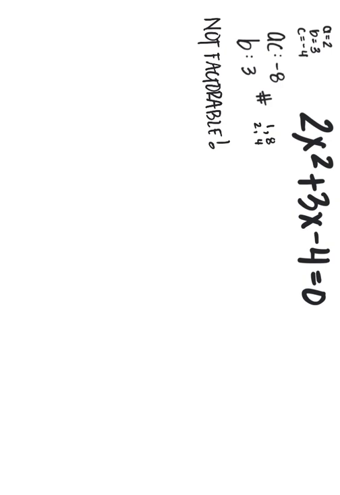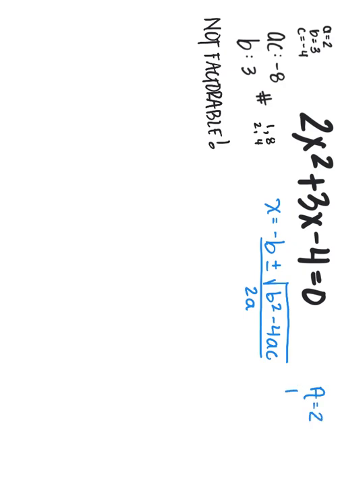So, recalling again, the formula is x is equal to negative b plus or minus big square root of b squared minus 4ac all over 2a. Now, we already decided what a, b, and c are, but I'm just going to write them on the side even bigger so I don't forget. We have a equals 2, b equals 3, and c equals negative 4. So we can start plugging in.